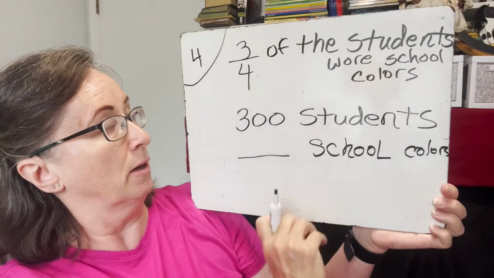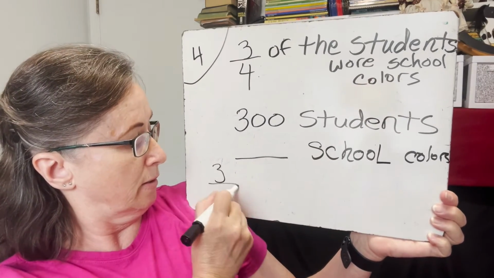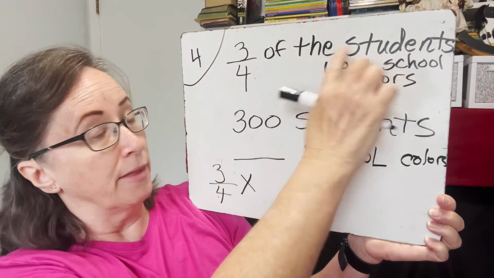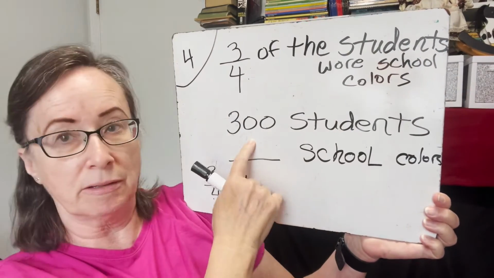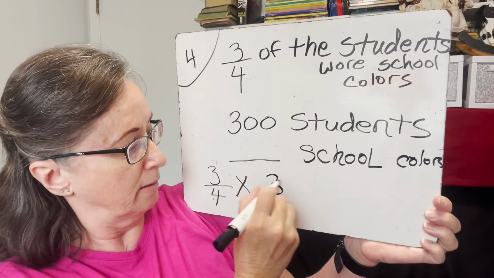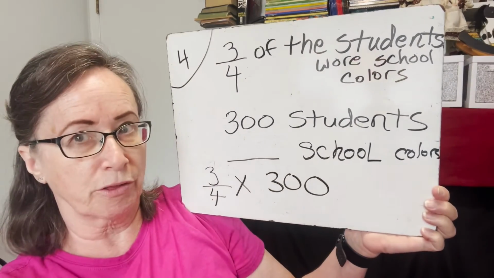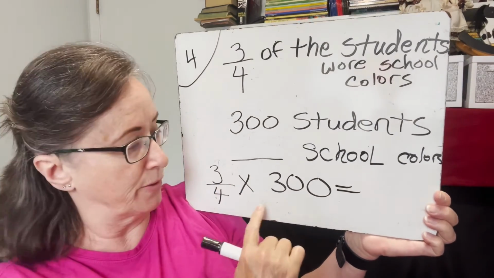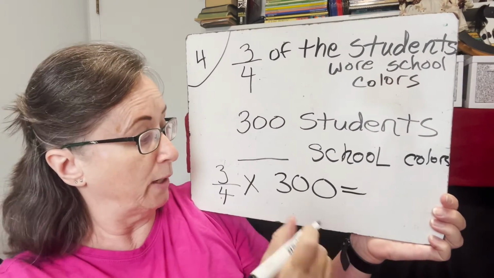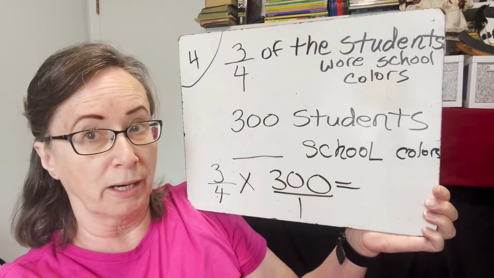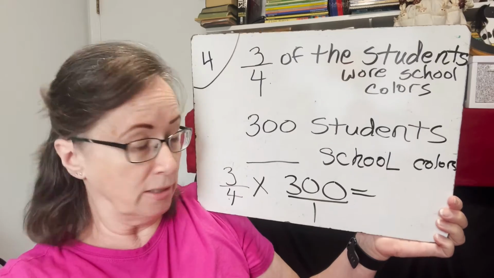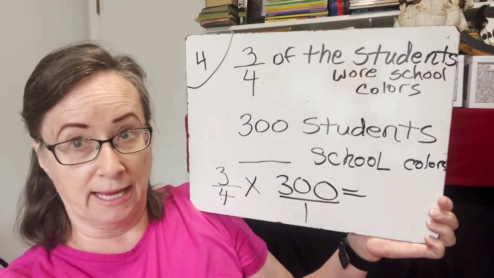Okay, so now I'm going to put 3/4 of always means times the students. But instead of the students, I'm going to put 300 because there were 300 students. And what is 3/4 of 300? Now, we could just go ahead and put a 1 under there and multiply fractions, which means that we would cancel.